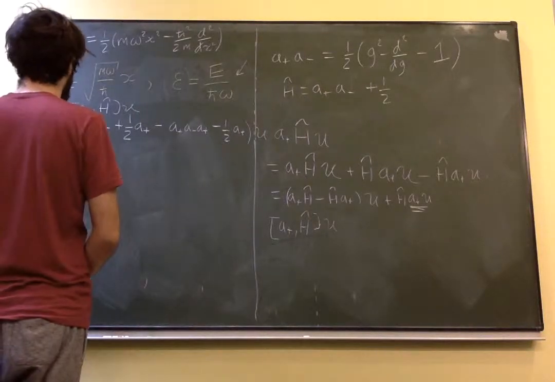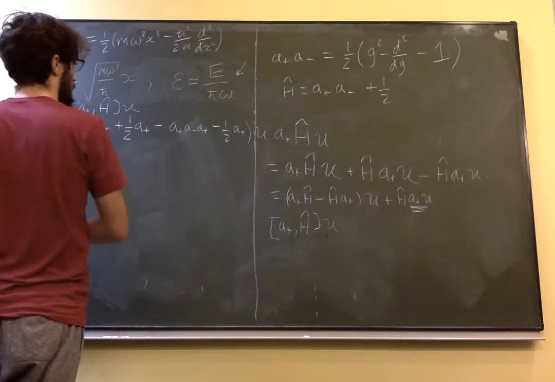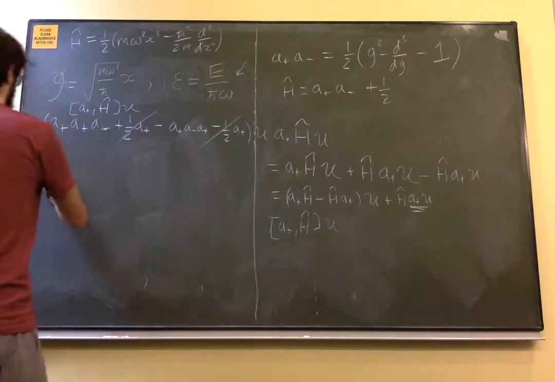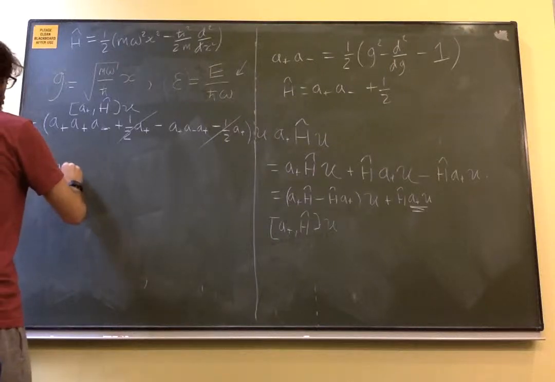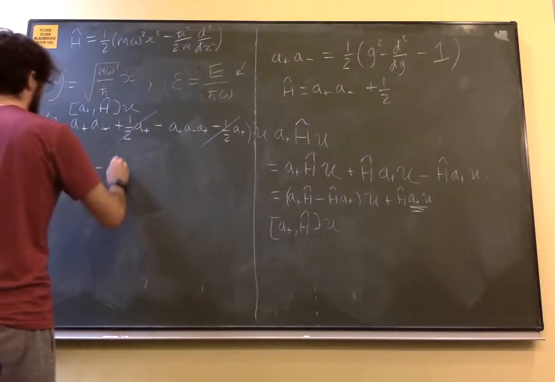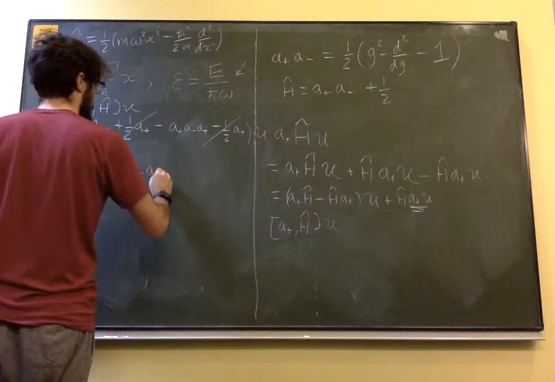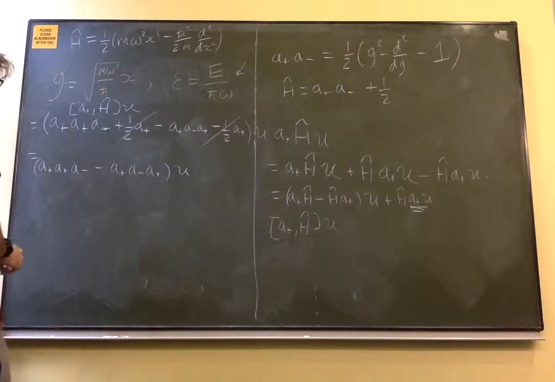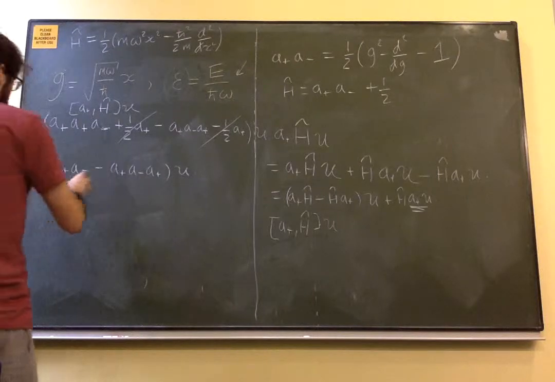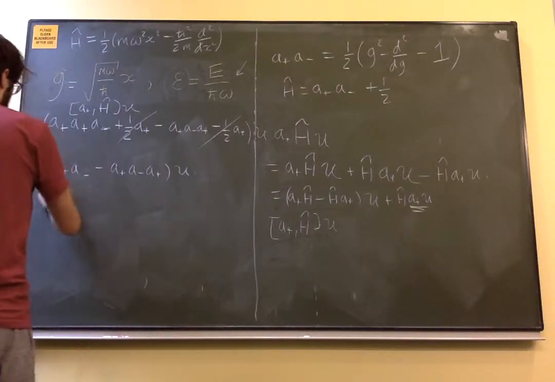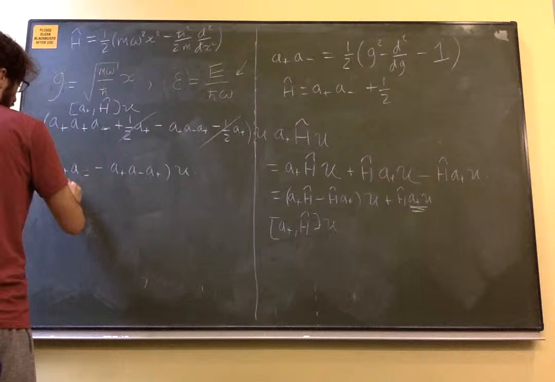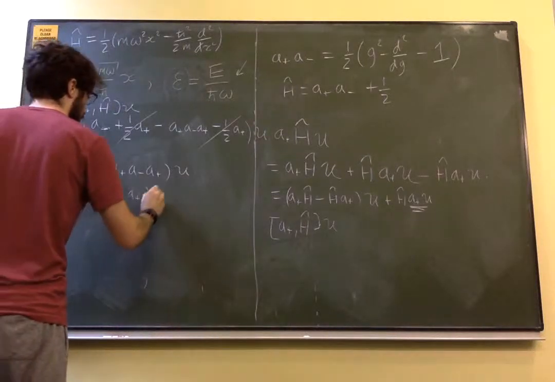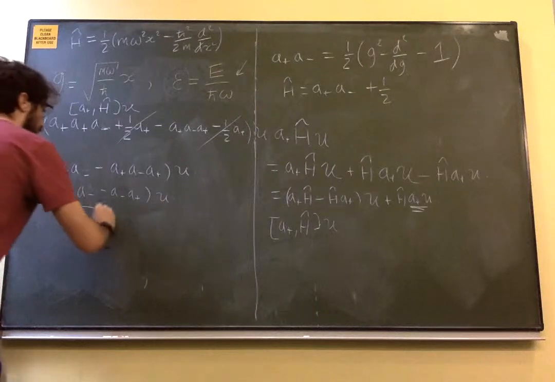These two terms at least cancel. So I'm going to simplify this. It all comes down to figuring out what we can do with all this. Let me bring a plus on this side. What is this?